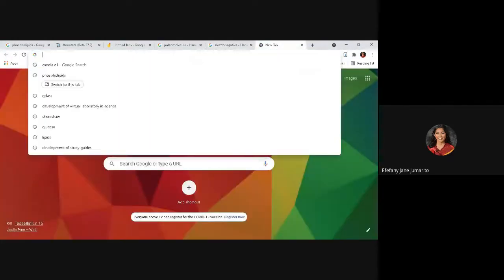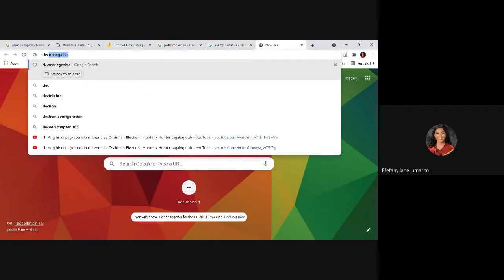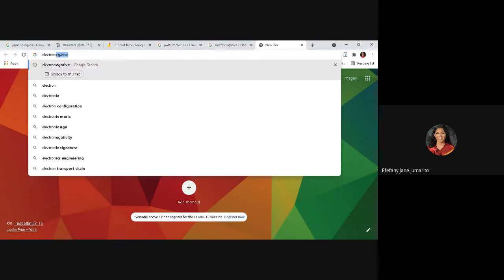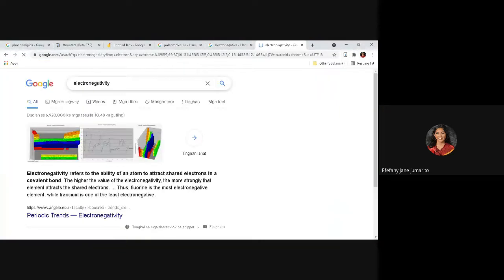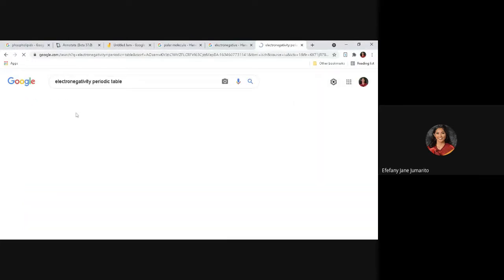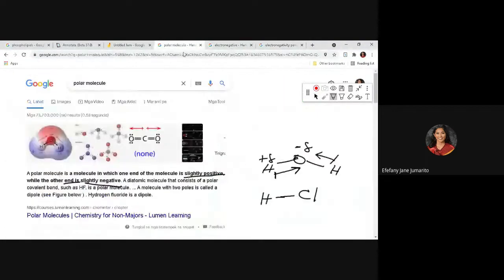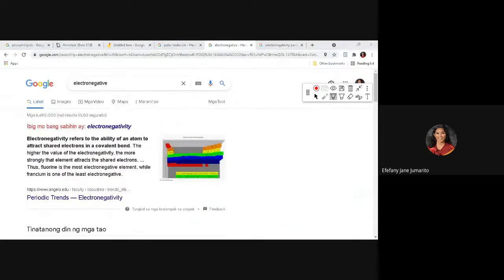So that is the ability of your atom. Electronegativity refers to the ability of an atom.